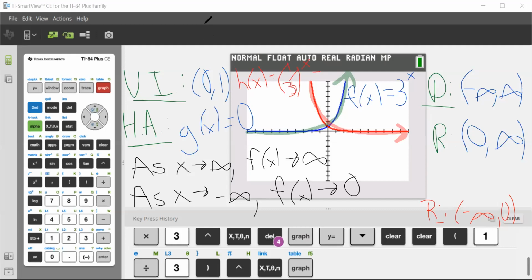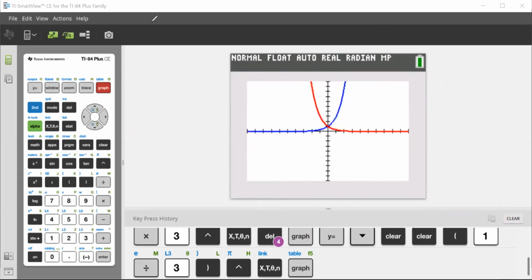So here we have 1/3 being raised to the x power, and here 3 being raised to the x power. Notice that in the blue one, f of x equals 3 to the x, that value being raised to the power is greater than 1, and that's when the function was increasing. And in the second one there on the left, the value being raised to the exponent is less than 1, and now the function is decreasing. Okay, so that's just doing some analysis of the graphs of exponential functions.